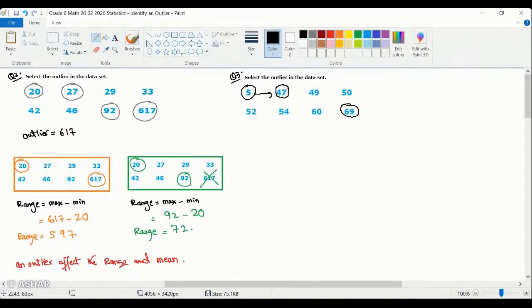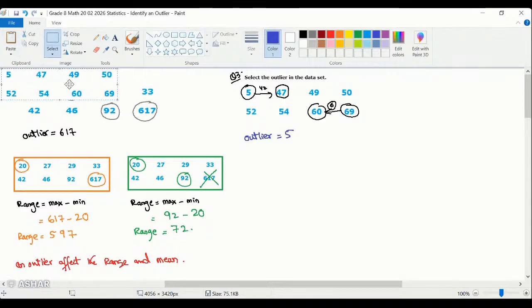There's a gap of 42 over here. But when 69 is compared to 60, there's a gap of 6 only, right? This is a gap of 42. So which number has a big difference? 5 has a big difference, right? So we suppose that the outlier in this given information is 5.